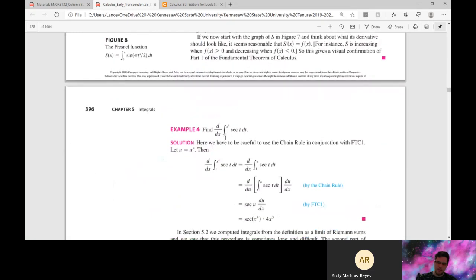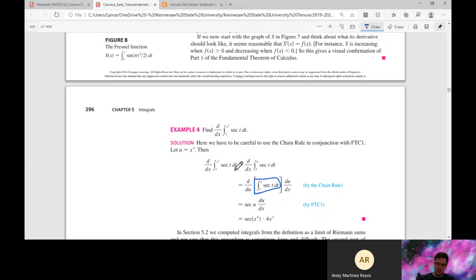Now you have from 1 to x to the fourth. You're going to find the derivative of that. So you substitute u in for x to the fourth. Then you take the derivative with respect to u of the integral, times the derivative of u with respect to x.